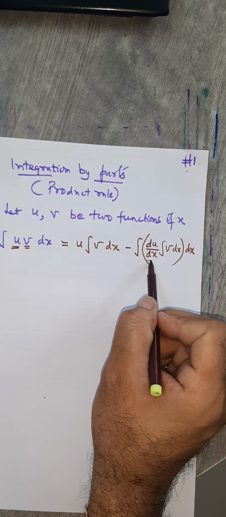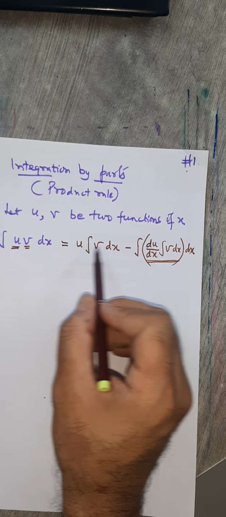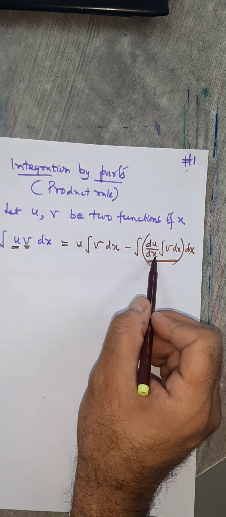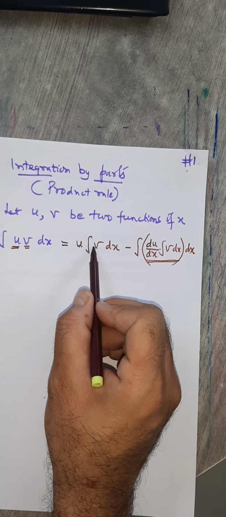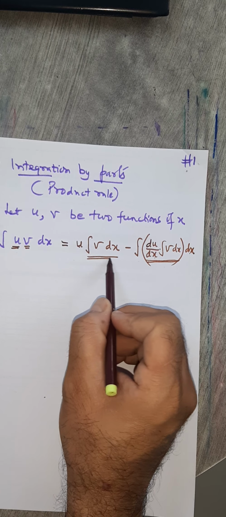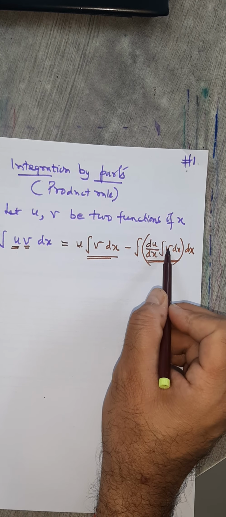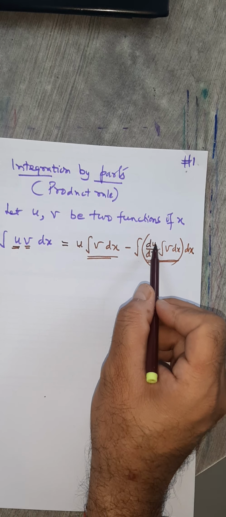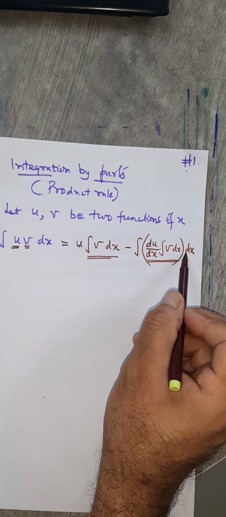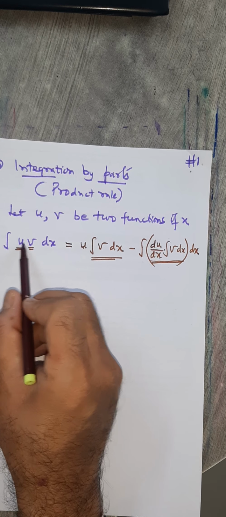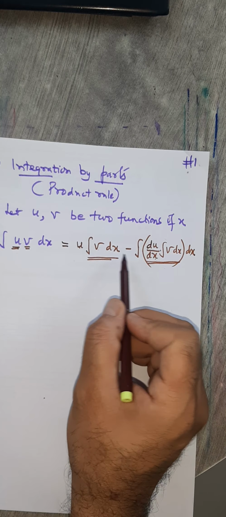What you will do inside is the differentiation of the first function, du by dx, into the integral of v. This is the same thing here. Integrate v, du by dx, and simplify, and then you integrate it.